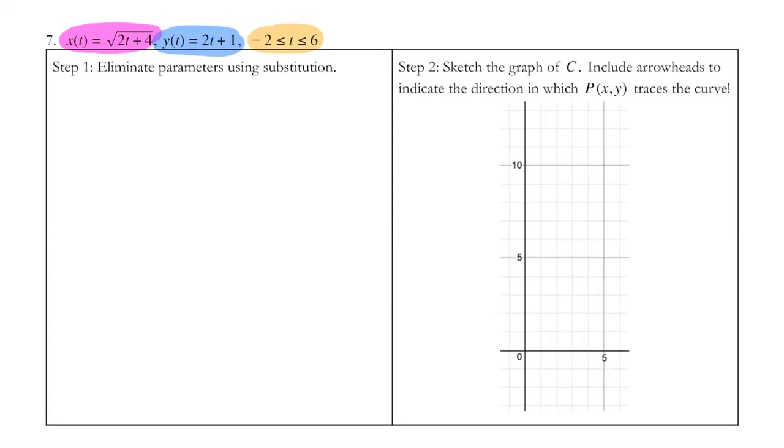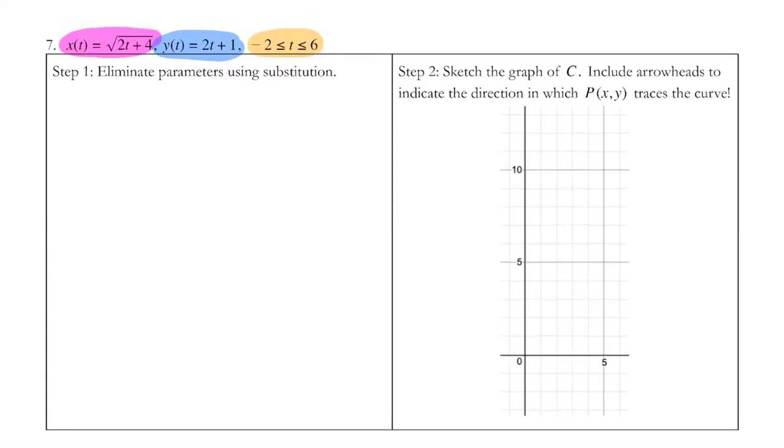So let's think about how we could eliminate the parameters, right? So we have x equals the square root of 2t plus 4, and y equals 2t plus 1. Maybe a parabola. Okay. So how can we get rid of the t's?